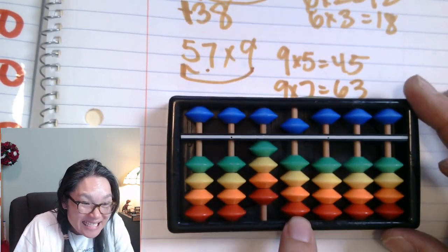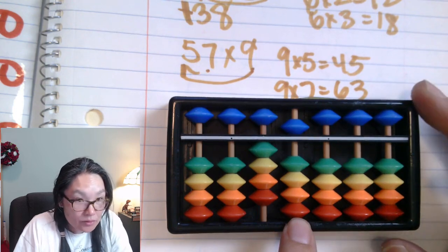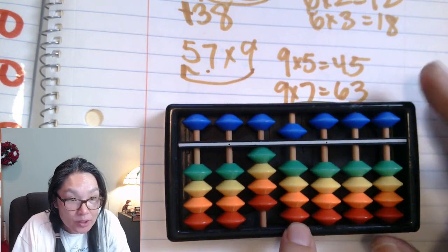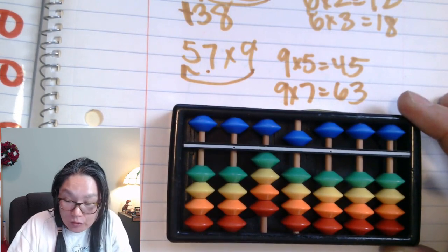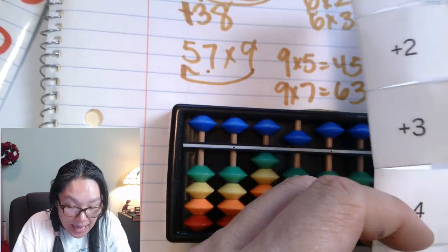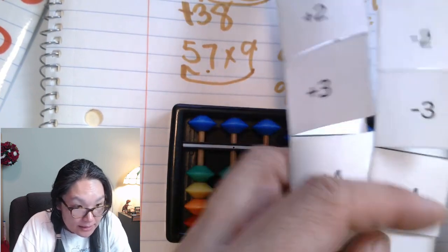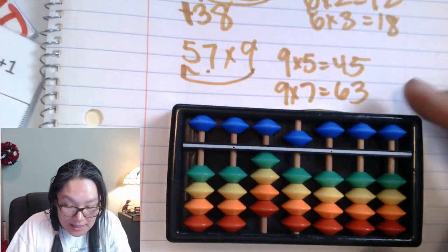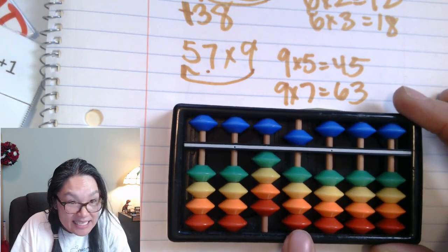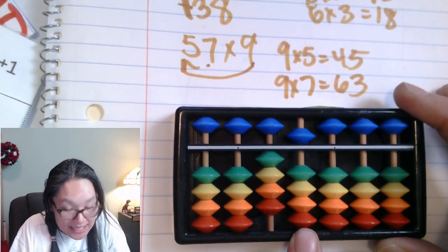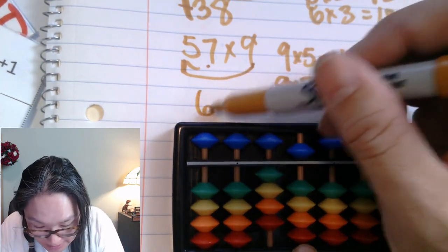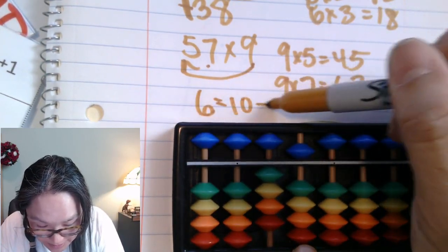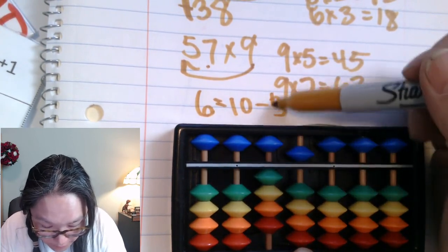So I'm going to add the 6, and then add the 3. Uh-oh, now what's going to happen? This is where we really have to make sure we understand how to add with the 5s and the 10s. I need to add 6 here, but there are not enough beads. So 6 is equal to plus the 10 minus the 4.